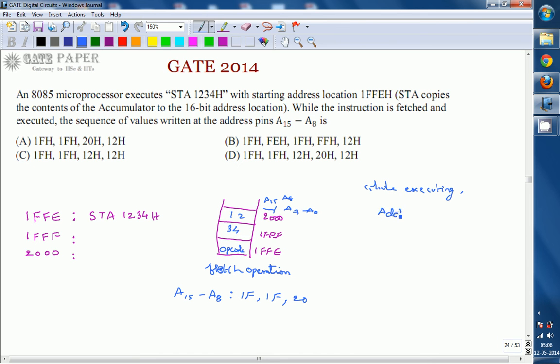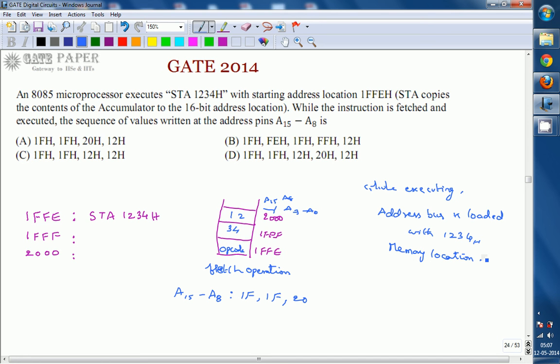Now you are going to store the byte from the accumulator, the 8 bits of information, in memory location 1234. So that address must be specified.